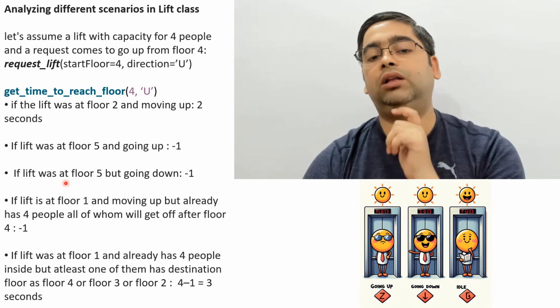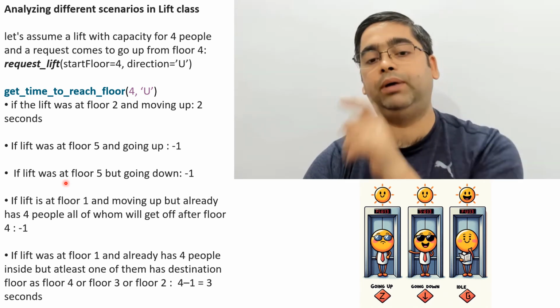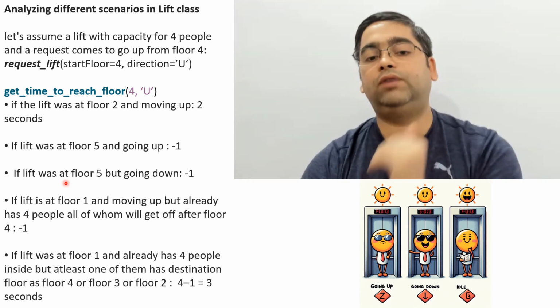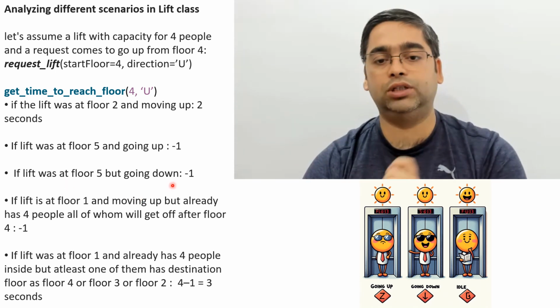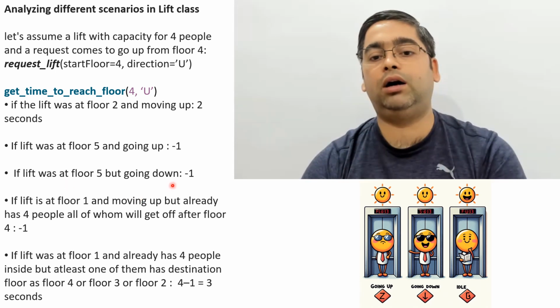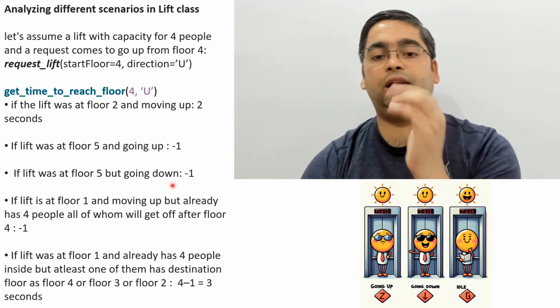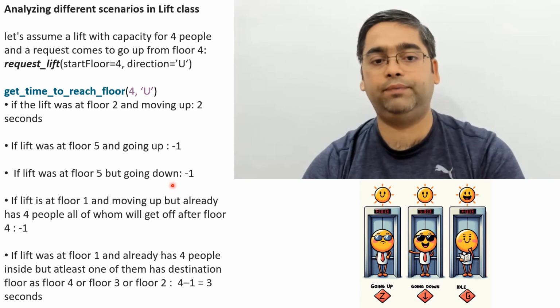Now let's suppose another lift which is at floor 5 but going down, or was at floor 4 but was going down. Those lifts also cannot be assigned to this request. Why? Because they are moving in the opposite direction, and you cannot change the direction of a lift.